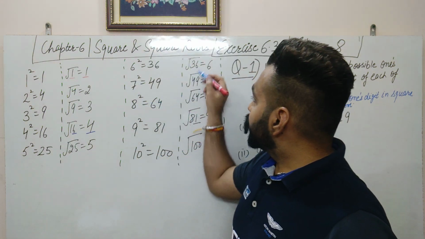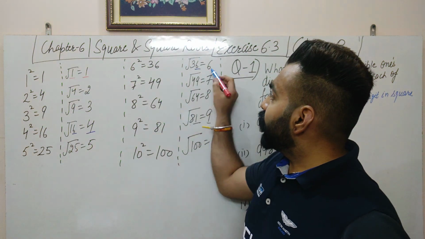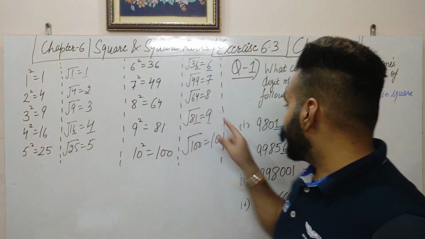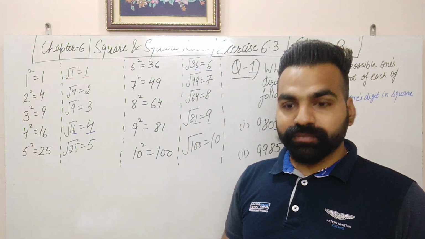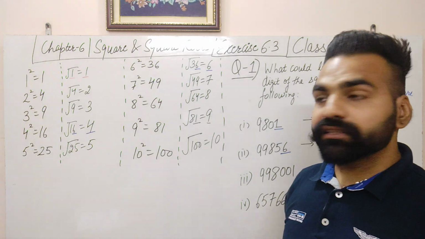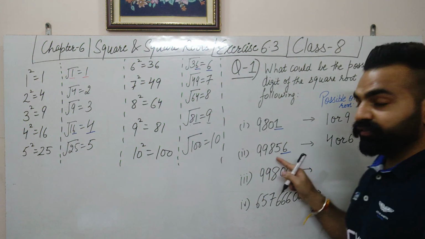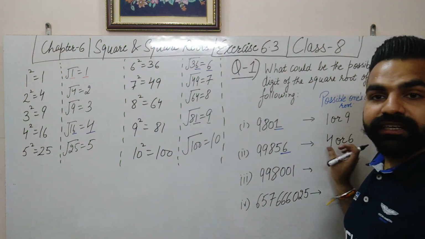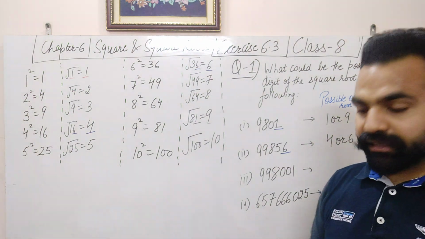Here 36: the unit place is 6 and the unit digit in its square root is also 6. So for unit place 6, there are two possible values in the square root, that is 4 or 6. So if the unit place is 6 in the perfect square, then the unit digit in its square root will be either 4 or 6.